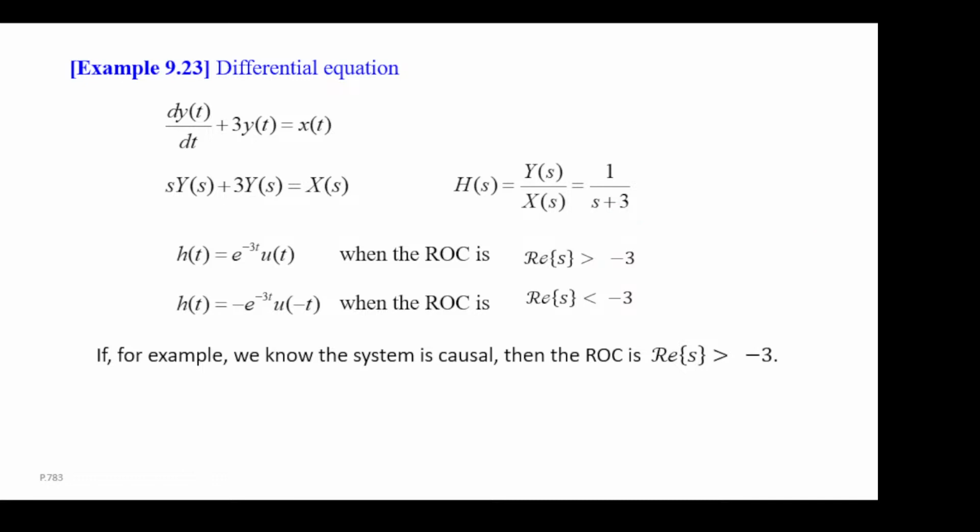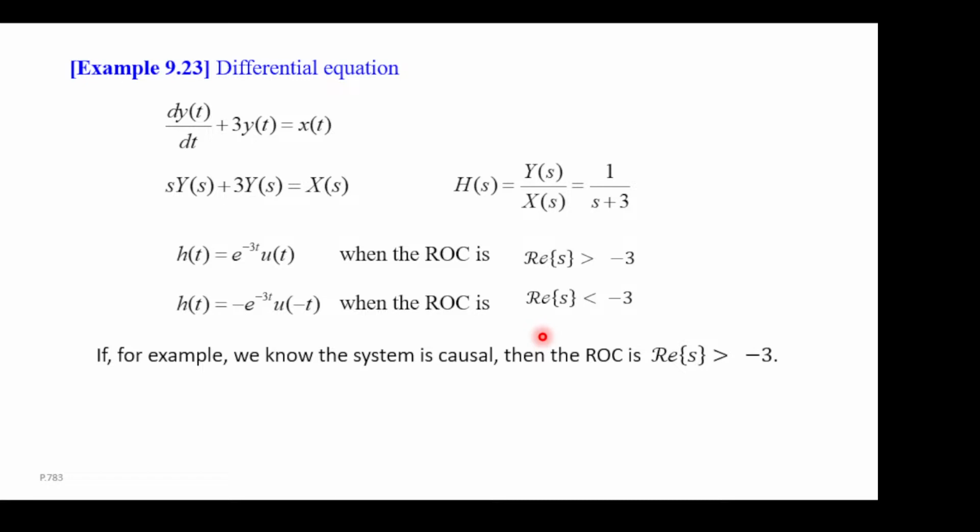And it's a very simple rational function. It has a pole obviously at -3. And so the ROC can be to the right side of this -3 or to the left side of this -3. And its inverse Laplace transform is those two functions that we know very well. It's either this exponential decay to the right side or the exponential decay to the left side.